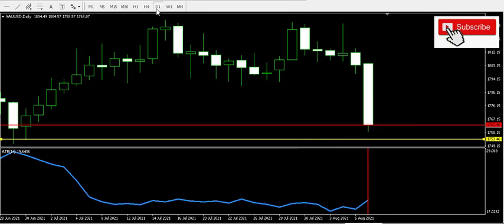Going to the daily time frame, you see this is where my stop loss will be. If I buy at 1762.96, the ATR is telling me to place my stop loss at 1753.46. I could just place it a little bit below that stop loss level, at 1753.31.